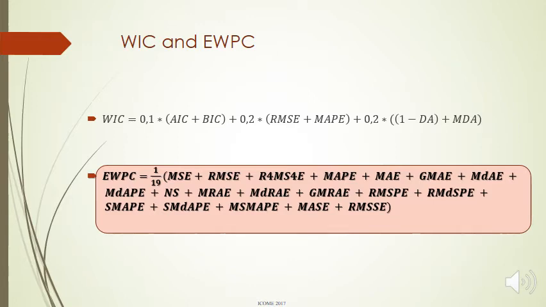And the sum of the coefficients is equal to 1, as can be seen from the formula. And the other one is the extended weighted performance criteria, which has 19 different performance measures gathered together from the literature for better calculation of error.